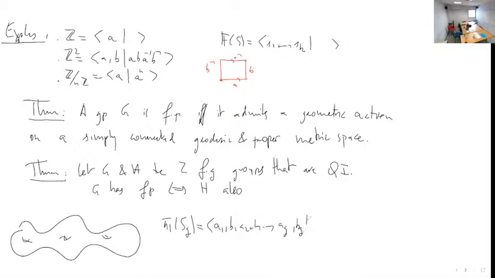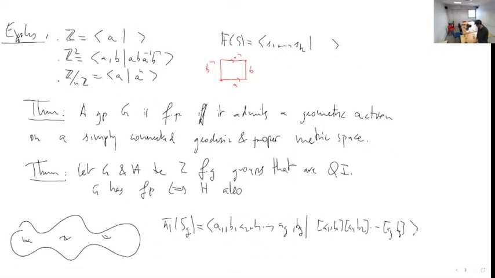And then the relation is the product of the commutators [a1, b1] times [a2, b2], up to [ag, bg], equal to the identity. So this is also a basic example of non-abelian finitely presented groups.